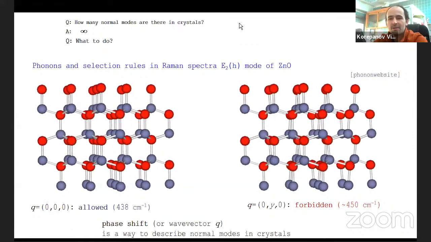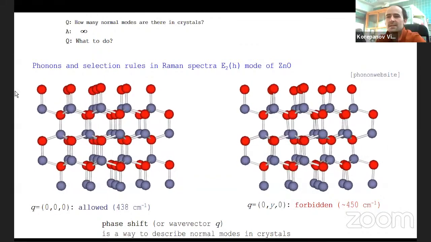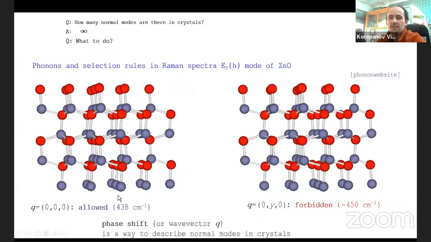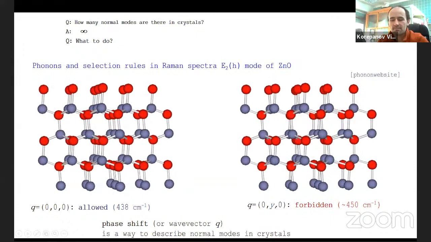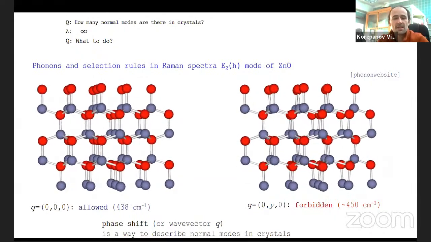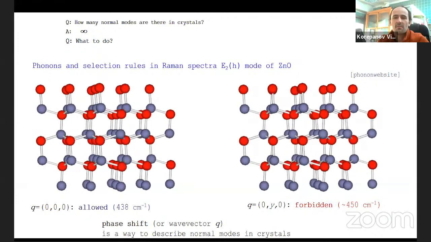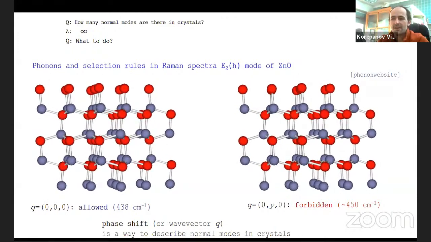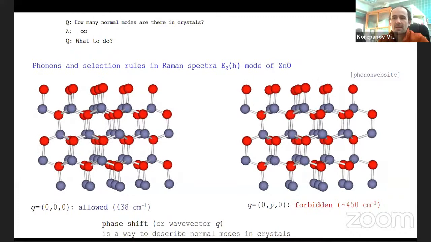When all lattice cells vibrate in the same phase synchronously, like on this left figure in the zinc Raman spectrum, this phonon is allowed. But if there is some phase shift in vibrations between two neighboring cells, then this kind of vibration is forbidden. So most of the vibrations, actually almost all of them, are forbidden in Raman spectra for crystals. Only a small number we can observe.